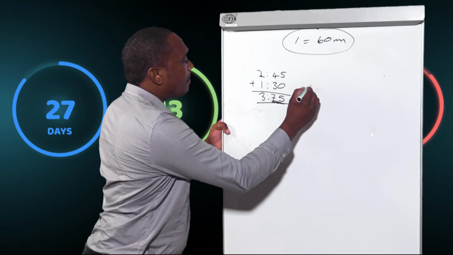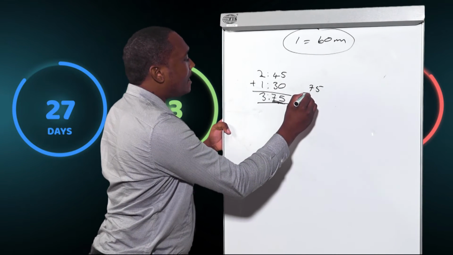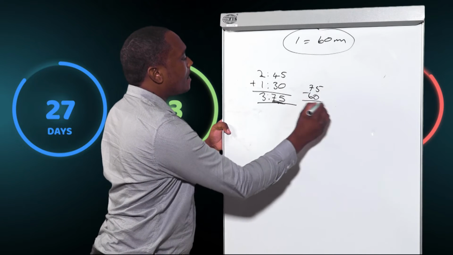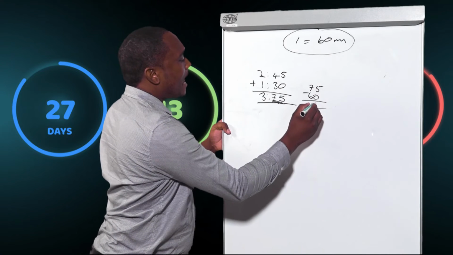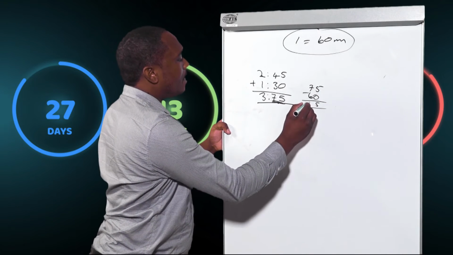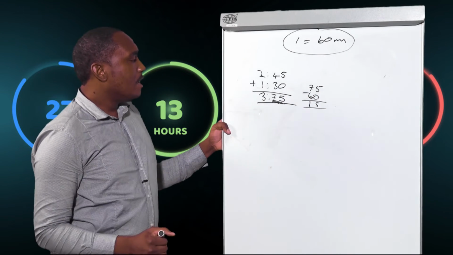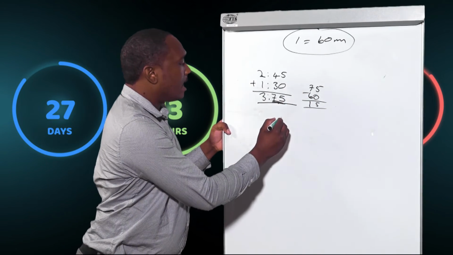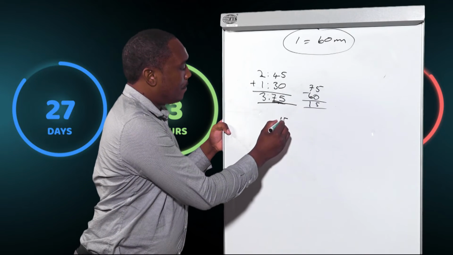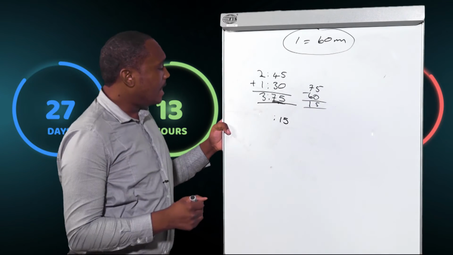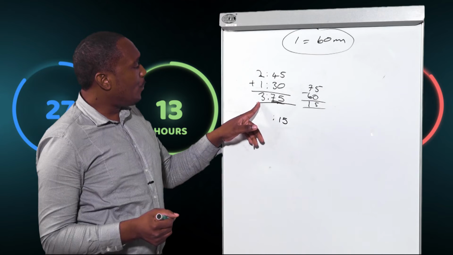So you say 75 subtract 60 minutes, which is, again, here 5, here it's 1, subtract. Okay. So it means here on the minute side it will be 15. What about on the hour side? Is it going to be 3?